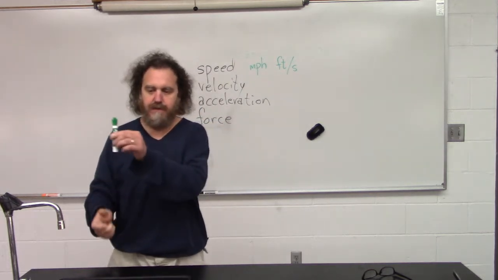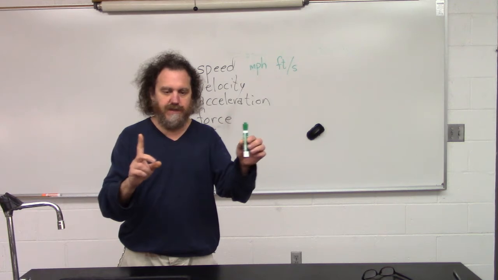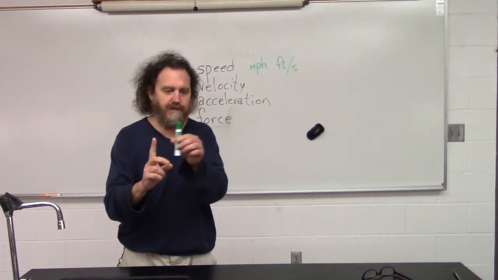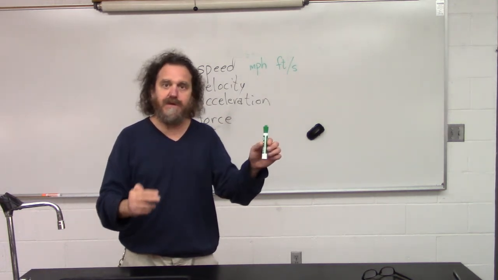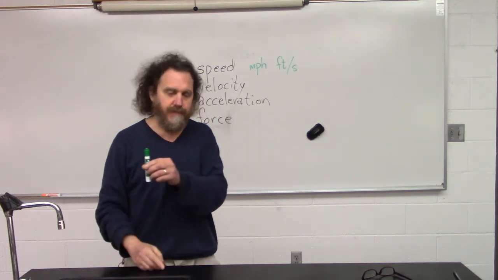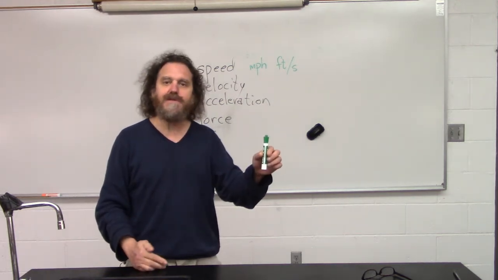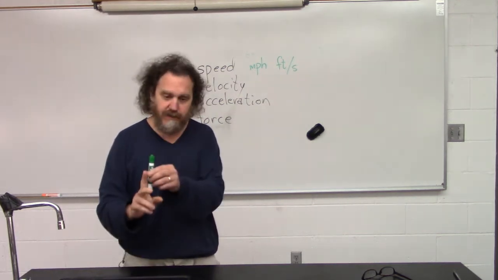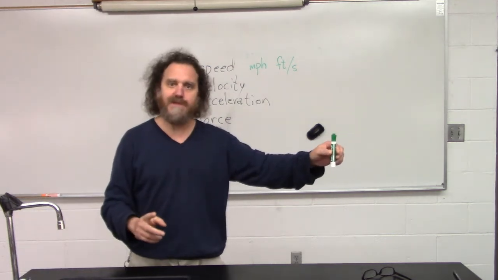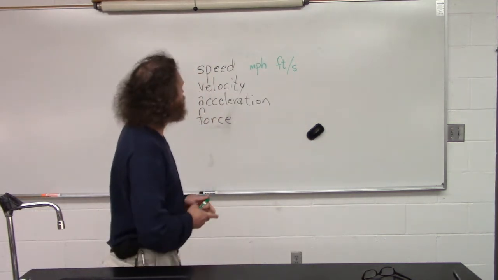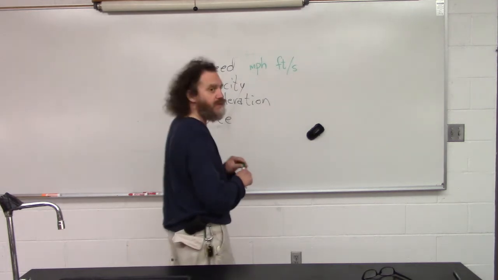If this is covering 1 foot in 1 second, foot's about that much. If it takes a second to go that far, that is a speed of 1 foot per second. If it covers that foot in half a second, that's 2 feet per second, because it would cover 2 feet in 1 second. So feet per second is another unit of speed.